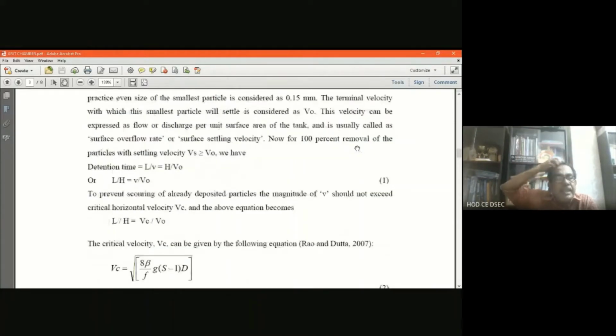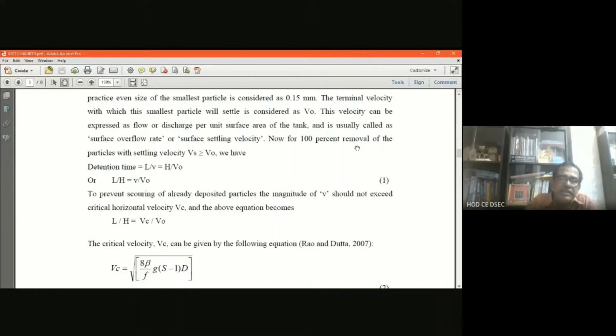Now what is detention time? Time is distance divided by velocity. The distance traveled horizontally is the whole length L, with horizontal velocity v. Vertically, the distance is H with settling velocity V0.